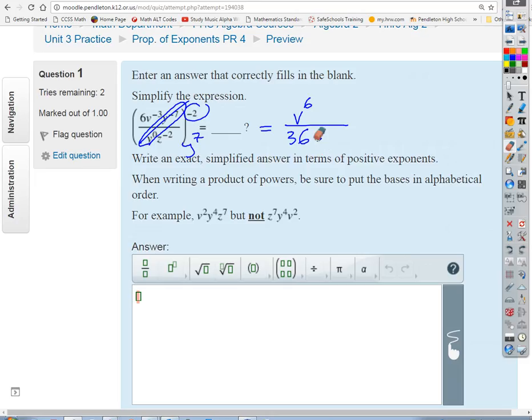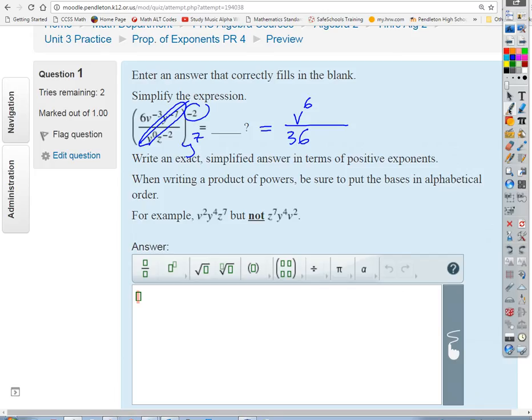I'm not pretending that's the only way to do it. You could have distributed first and then flipped them all. The way I always do these is I always flip the fraction and make that exponent positive. My own personal bias is I think you're more likely to make a mistake distributing negative exponents than distributing positive exponents.